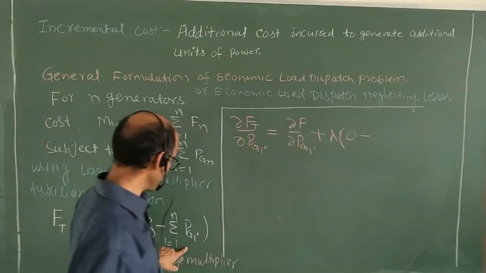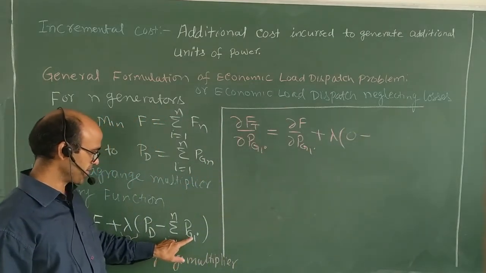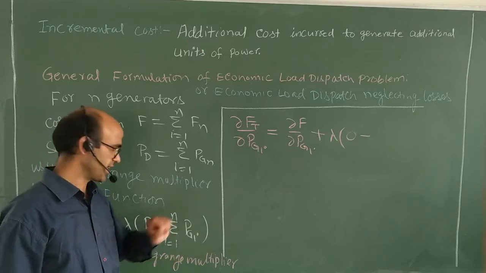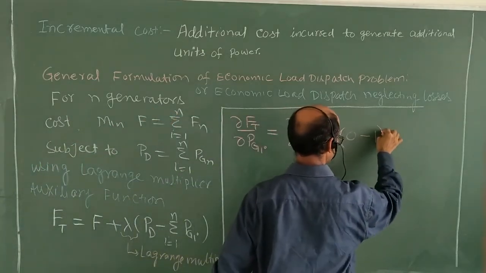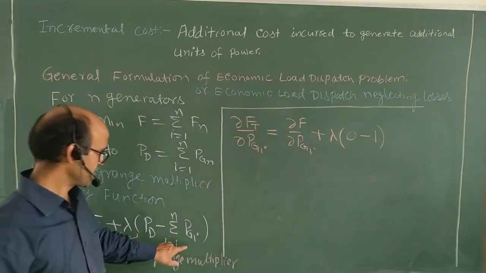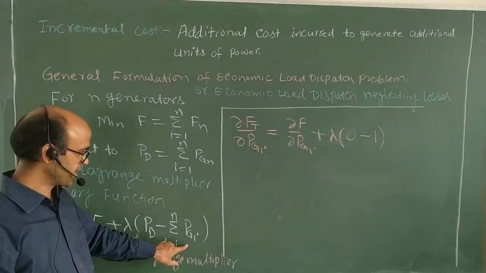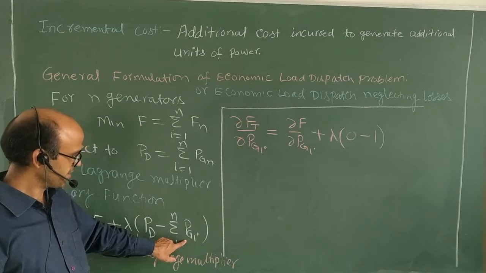If you expand it, you get Pg1 plus Pg2 plus Pgi. There is one term, Pgi, that is differentiated once. For the other terms, the partial derivative is 0.